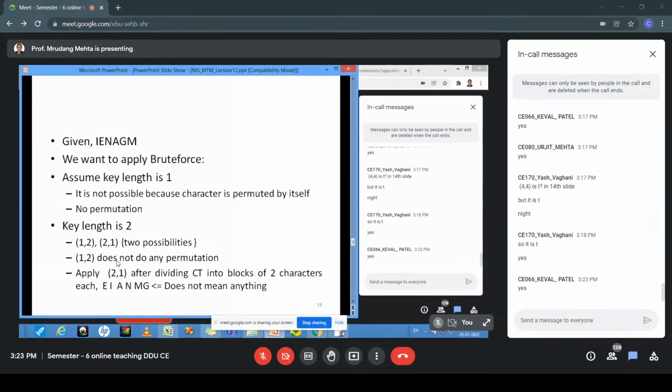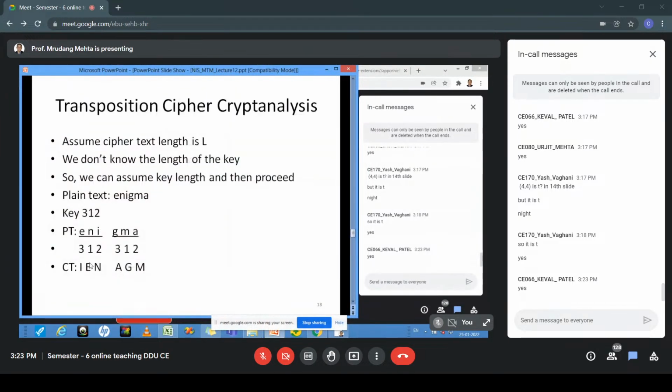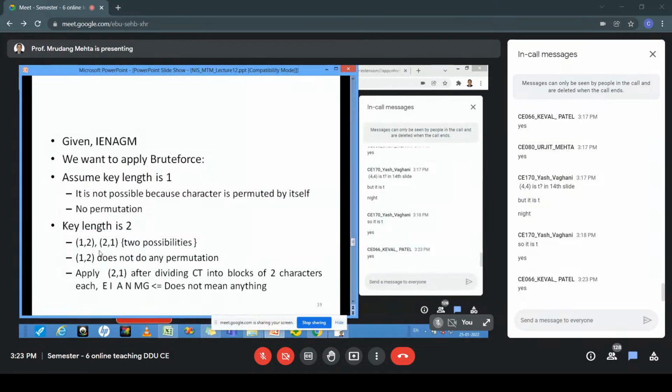Now, this is the ciphertext which we have received, and by applying 2, 1 as the key, we are getting EI and ANMG, and this does not make any sense. This is not any meaningful text.